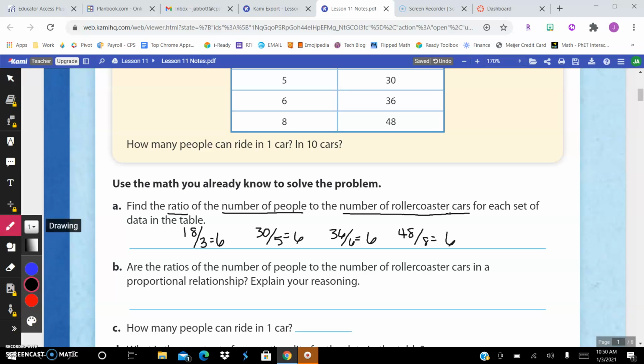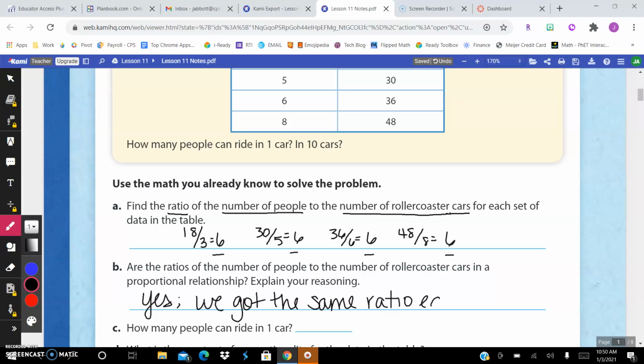Yes, they are, because we got the same answer every time we did the division problem. We got the same ratio each time.